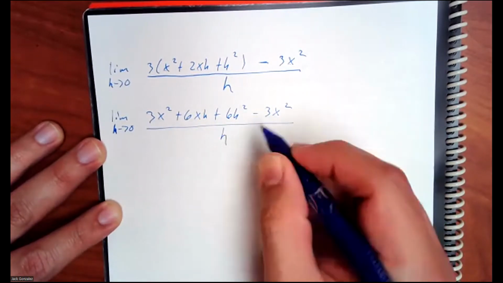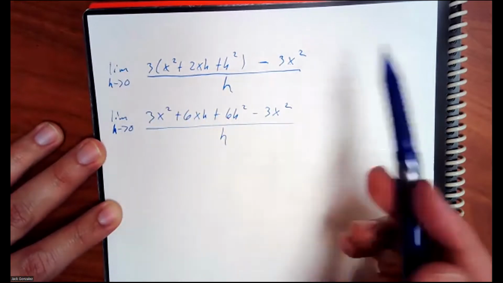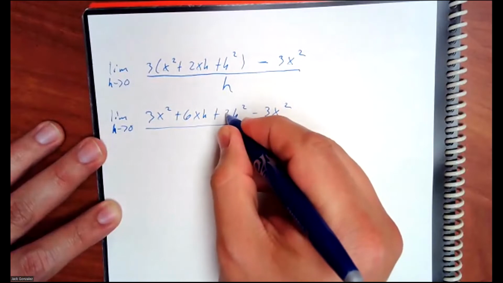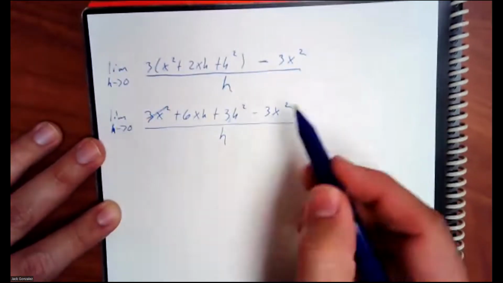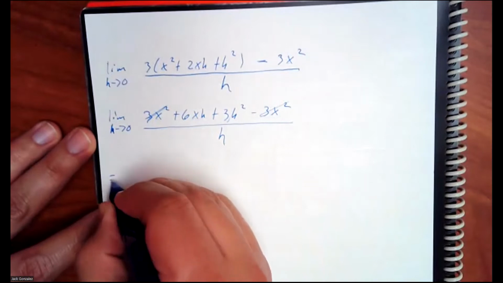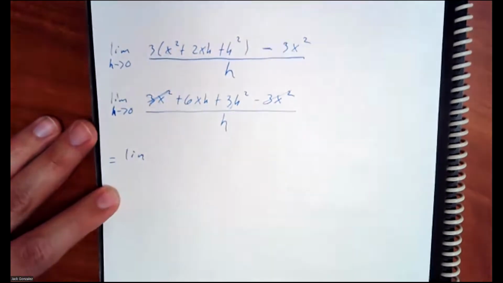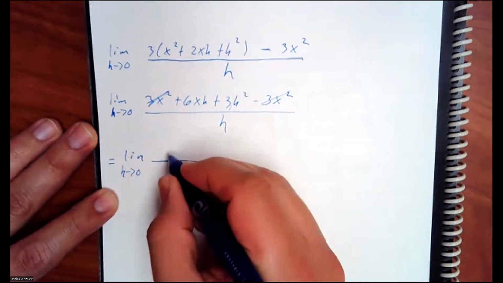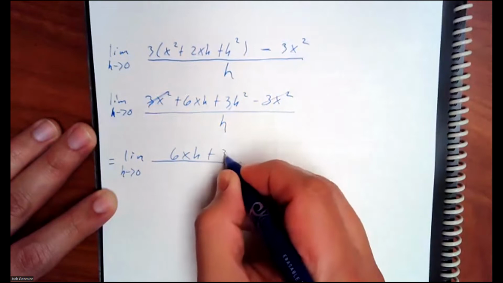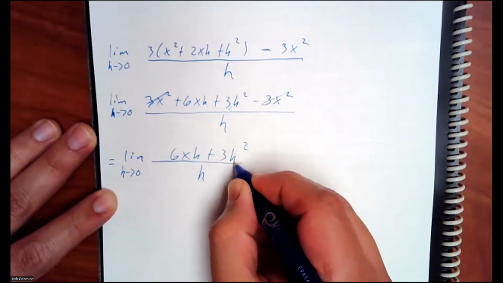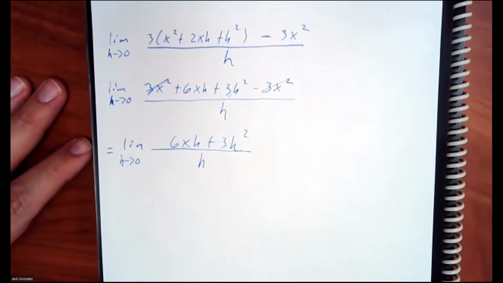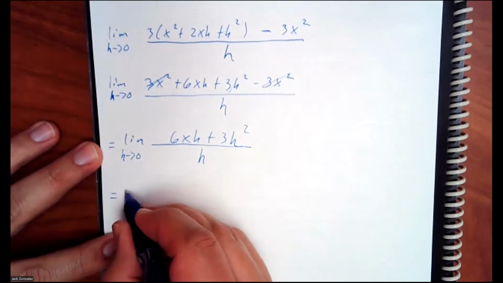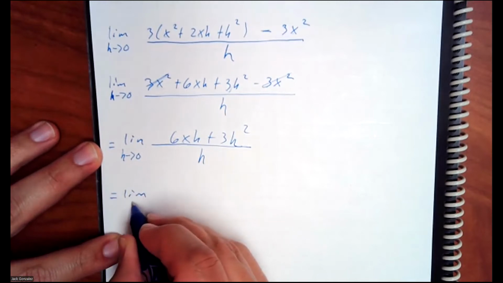Distribute the 3 times x, 3 times 2, 3 times 8 should be a 3. So this is gone. So at this point, notice we can factor, right? Factor the top and cancel.